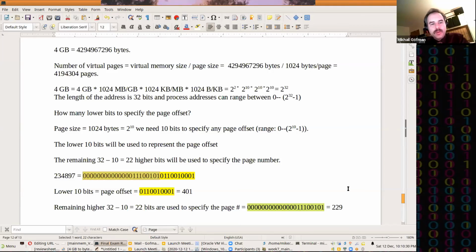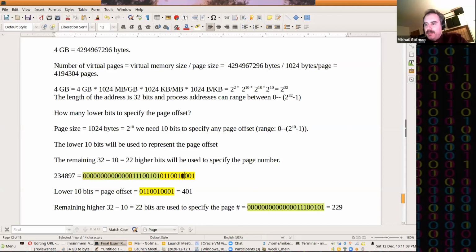I don't have to put the ones and zeros, do I? Well, in this example, we were translating the address. We were splitting the address into page number and offset. So if you want to figure out the split between the page number and the page offset of an address, you take an address, convert it into binary, and add some zeros if necessary to make it the proper address length.